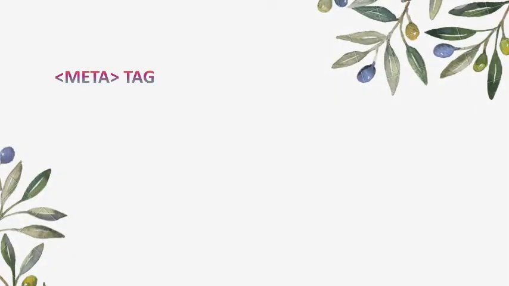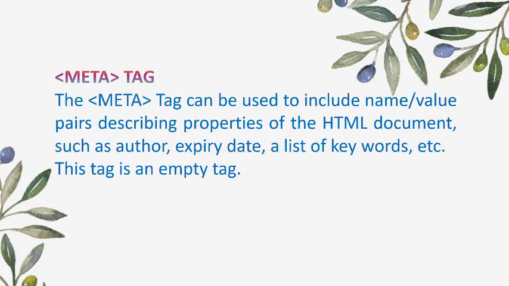And let's know about the meta tag. The meta tag can be used to include name or value pairs describing properties of the HTML document, such as author, expiry date, a list of keywords, etc. This tag is an empty tag and so does not have a closing tag, but it carries information within its attributes.